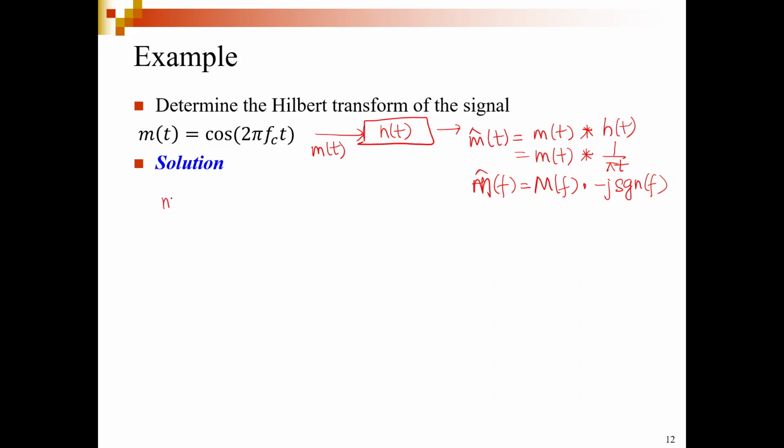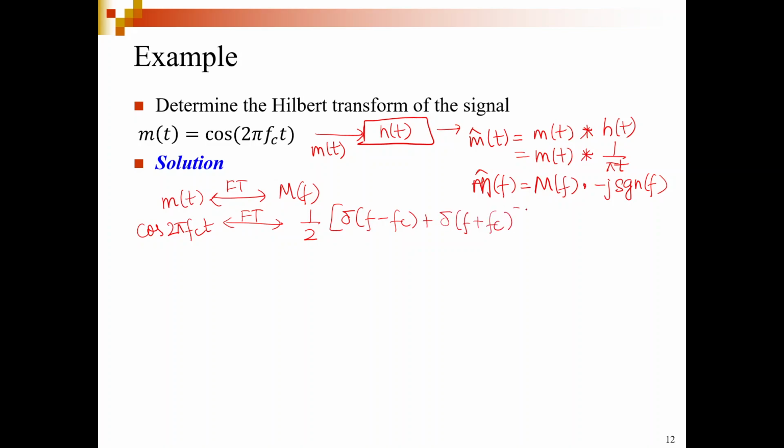Here in this case, m of t will have a Fourier representation given by m of f. The given function m of t is cos 2 pi fc t. The Fourier representation of cos, we already know, is half into delta of f minus fc plus delta of f plus fc.